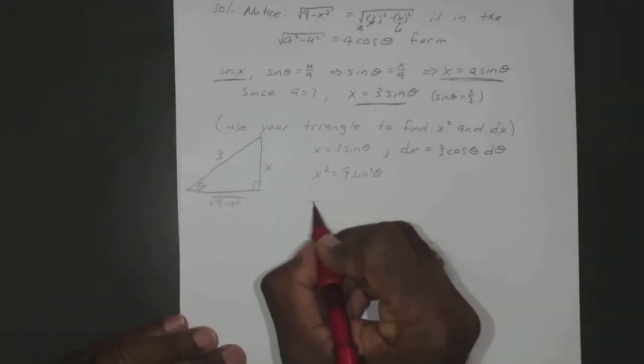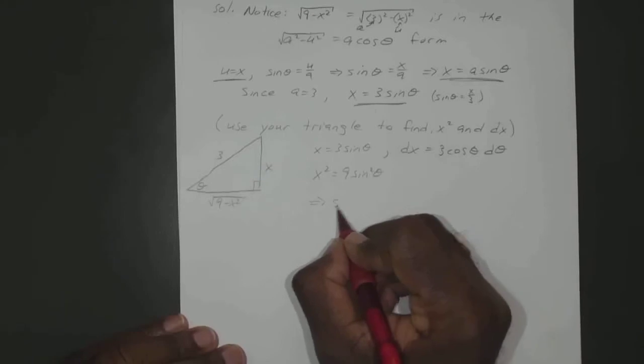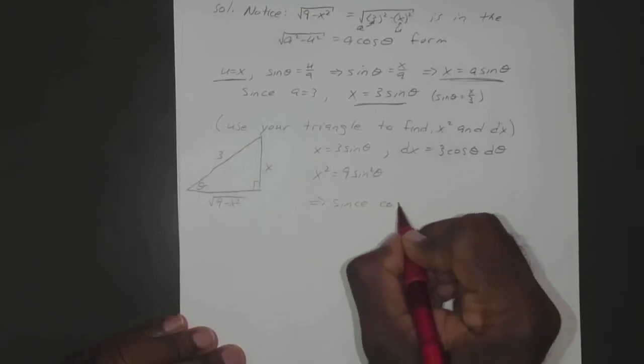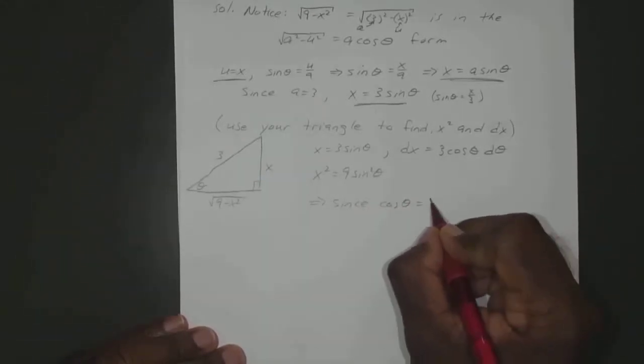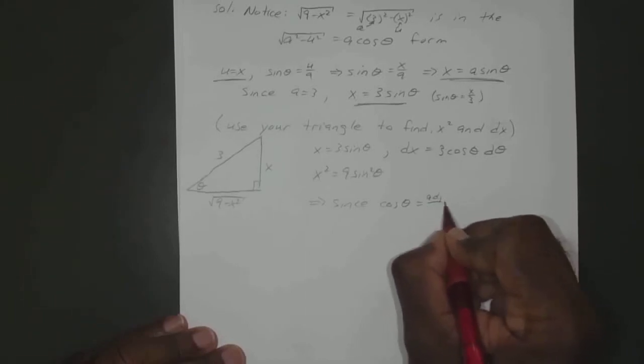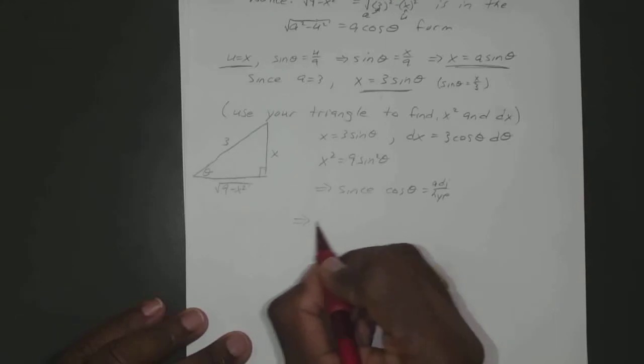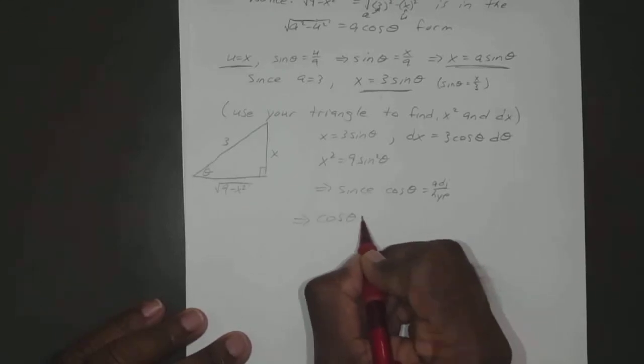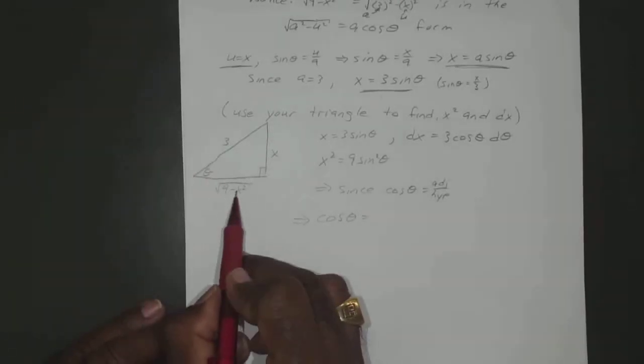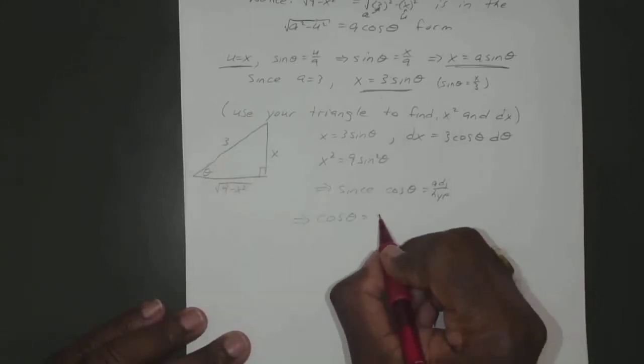We can also see that since cosine of theta is adjacent over hypotenuse, cosine of theta is the square root of 9 minus x squared over 3.